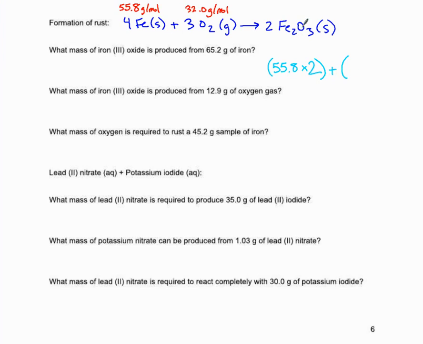Plus oxygen is 16.0 times its subscript is 3, and this will give you the same molar mass as going a long way and using the table. So the molar mass of this one to 3 significant figures is 160 with a decimal point grams per mole.